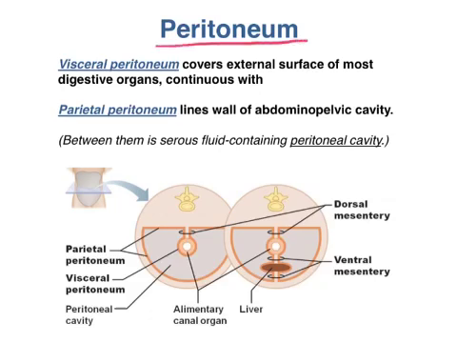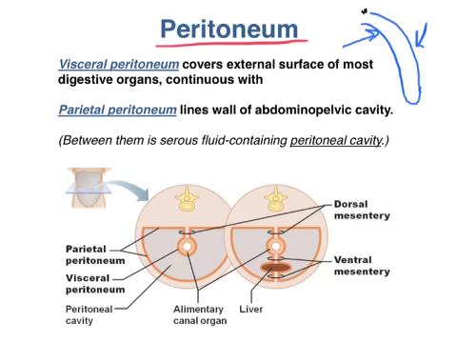Like all serous membranes in your body, so think of the pleura around the lungs, think of the pericardium around the heart, the peritoneum is a two-walled structure. So you have the visceral peritoneum, which covers the surface of most of the digestive organs, and that visceral peritoneum kind of folds over to form the parietal peritoneum, which lines the wall of the abdominopelvic cavity.